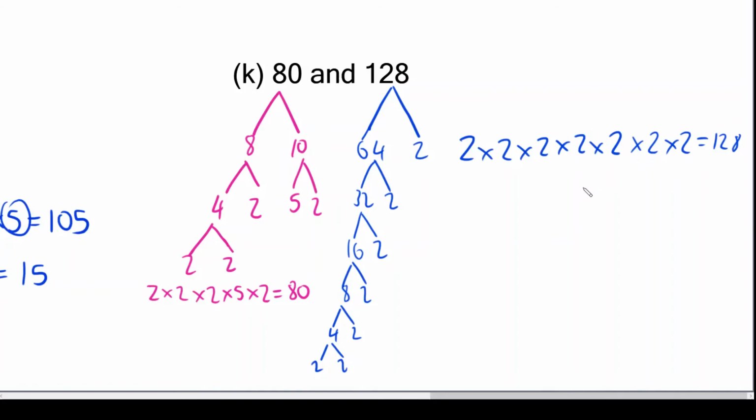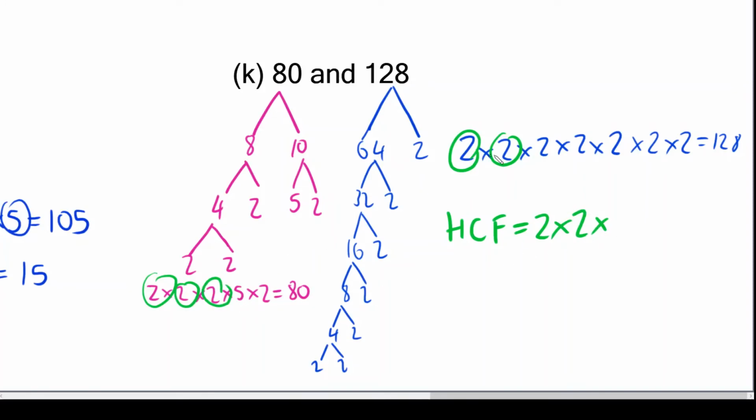Great. So we look at what's the same. I'll make my pen a different color here. What's the same for the highest common factor? We've got a 2, a 2 and a 2. So they're the same, so it's 2 times another 2 and another 2, then another 2 and another 2, then another 2 there and another 2 there.